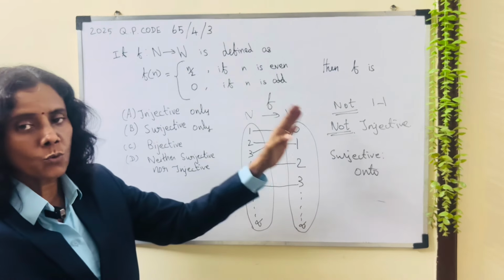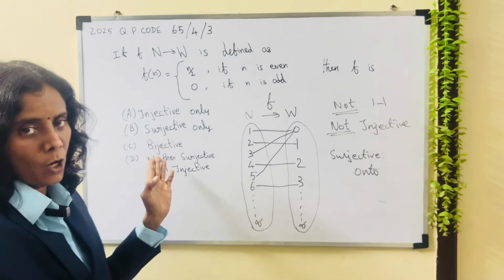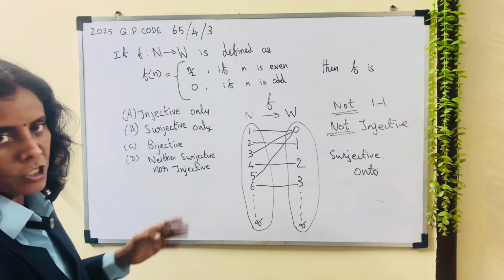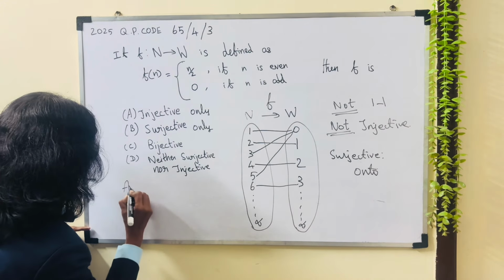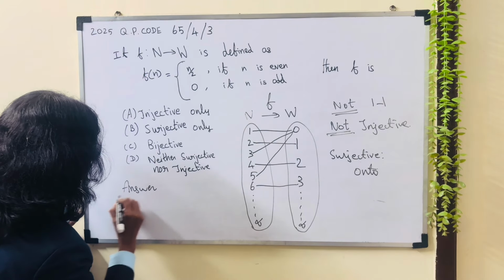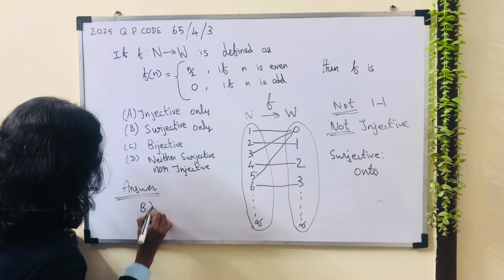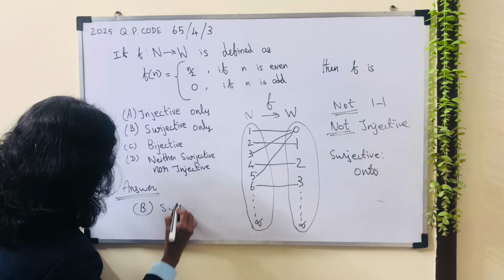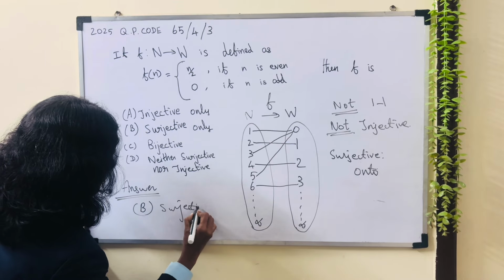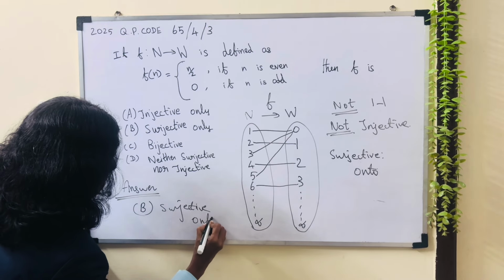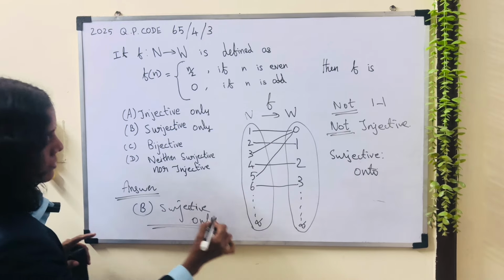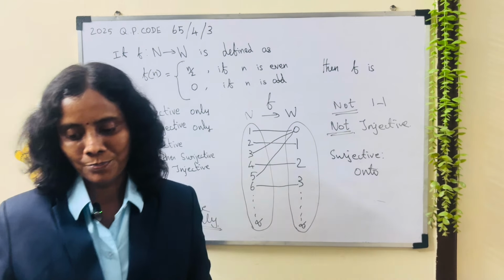Bijective means 1 to 1 and onto. So our option 3 is wrong. 4 is also wrong. So answer is B. That is surjective only.